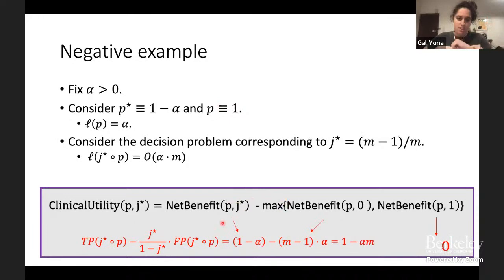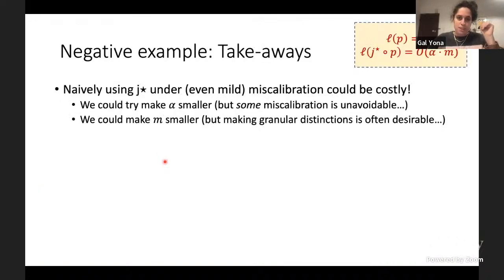Just by substituting the odds ratio here, you get to a value that's exactly 1 minus alpha m. And the net benefit of treating no one is always 0. So the negative of this is alpha m minus 1, which can be very high when m is large. Okay, so this is the example from before.